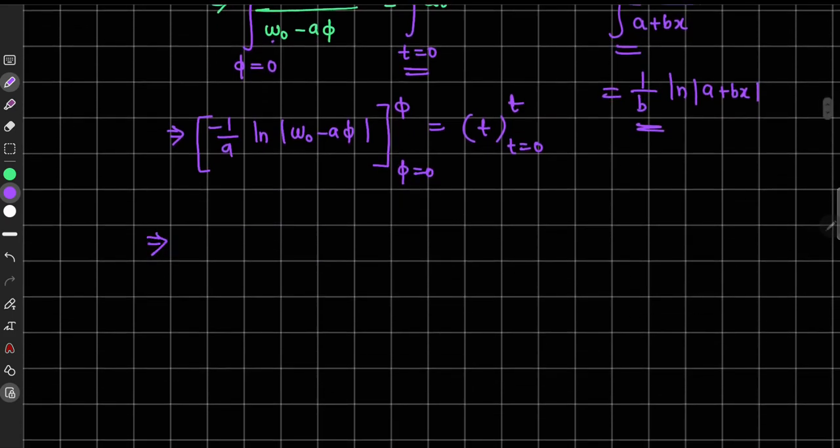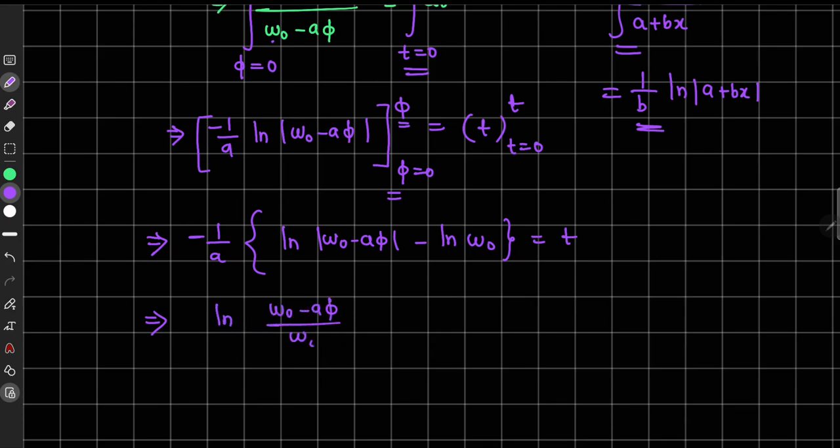Let us substitute the upper limit and the lower limit in this expression. Then we will get minus 1 upon a times ln of omega naught minus a phi minus ln of omega naught is equal to t. From here we can write ln of omega naught minus a phi divided by omega naught is equal to minus at, because ln of a minus ln of b is equal to ln of a by b.